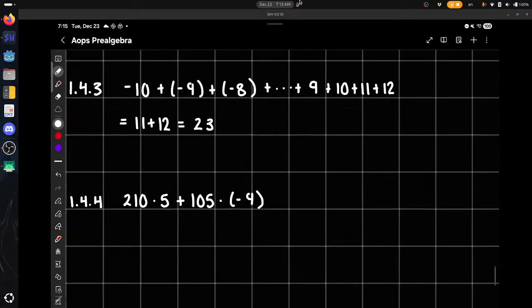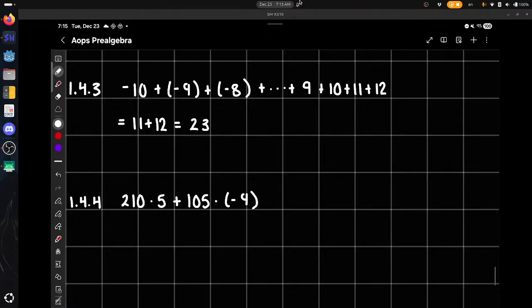Negation 9. Let's see. How can I make this math simpler? I guess I could do this.